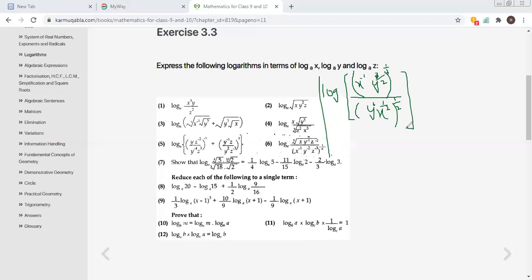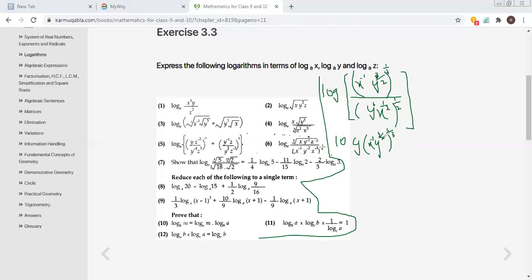यहाँ पर अब मैंने क्या करना है, now open the bracket according to law number 2. अब हम law number 2 के मुताबिक इसकी bracket open करेंगे. Then it becomes, अभी क्या हो जाएगा, log x inverse y 3 upon 2, yes Aisha, yes miss.